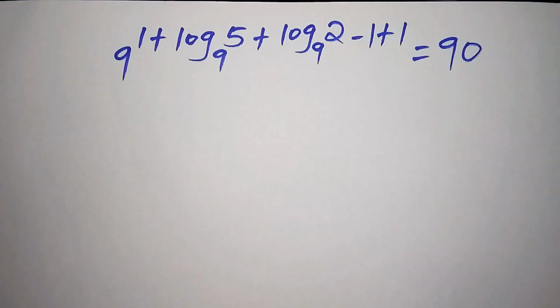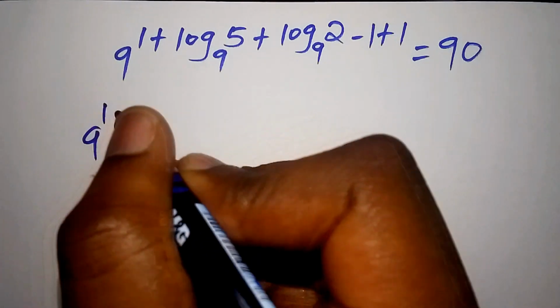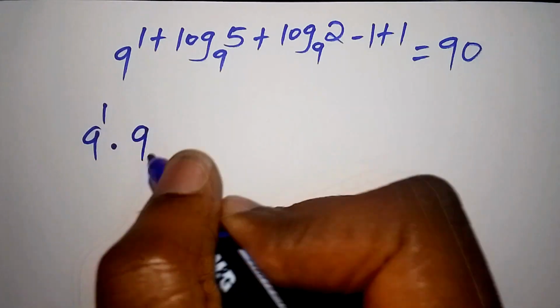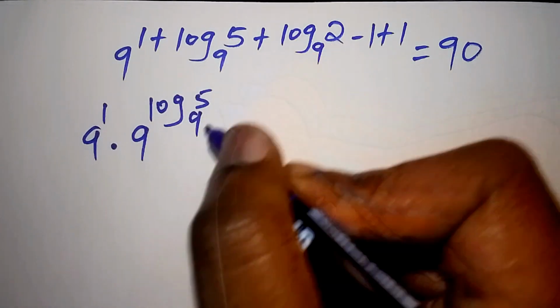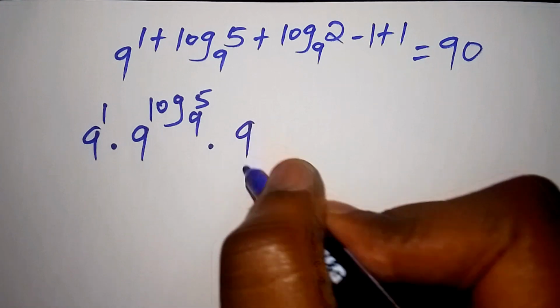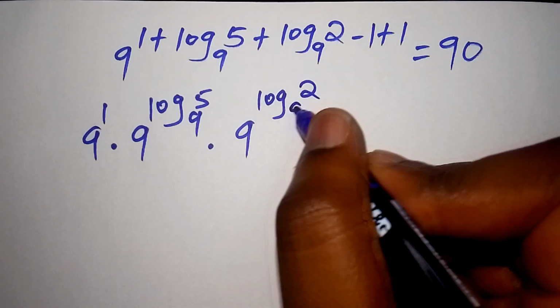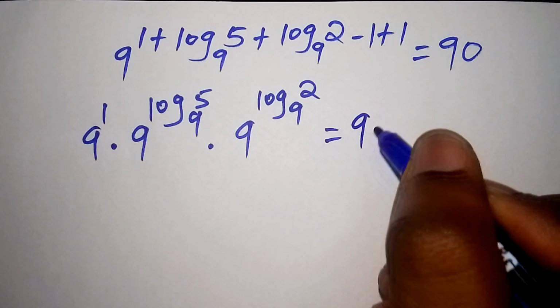So we rewrite it by now having 9 to the power of 1, then the plus changes to multiplication, 9 to the power of the log of 5 to the base of 9, then the plus changes to multiplication again, 9 to the power of the log of 2 to the base of 9, then minus 1 plus 1 is 0, equals 90.